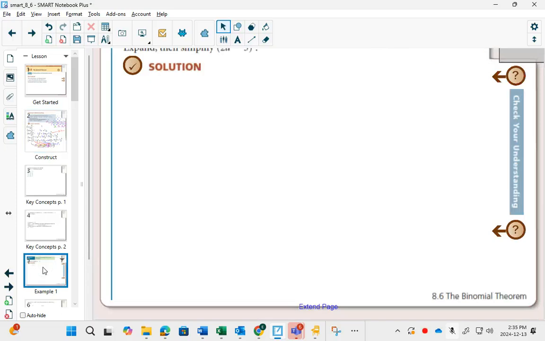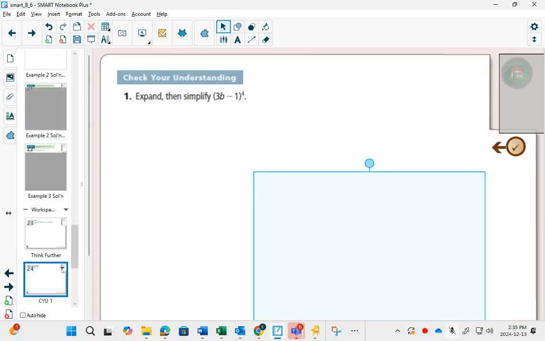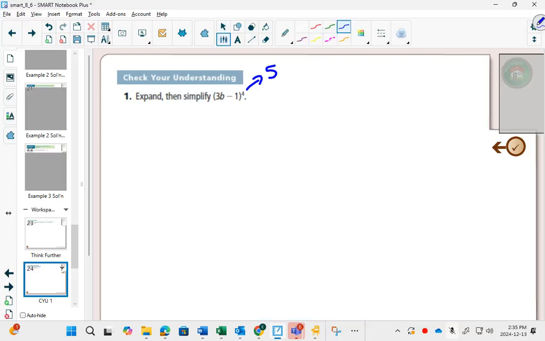We'll go to example 1. First thing I'm going to look at is that the exponent is 4. That tells me I'm going to have 5 terms. In Pascal's triangle, how far do I have to go before I get 5 numbers? Here I am, 1, 4, 6, 4, 1.